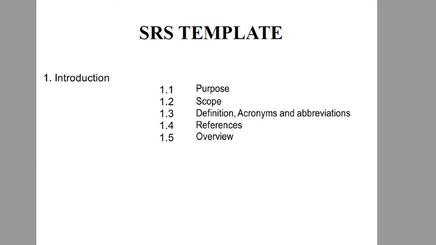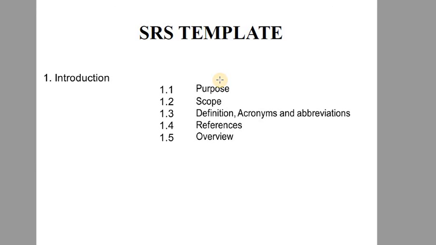SRS is a document, one standard document. It usually comes after the requirements phase. So SRS is simply an outcome of the requirements phase, but it will be like input to the design phase. SRS plays a major role because it contains information about the requirements: functional requirements, non-functional requirements, user requirements and system requirements.